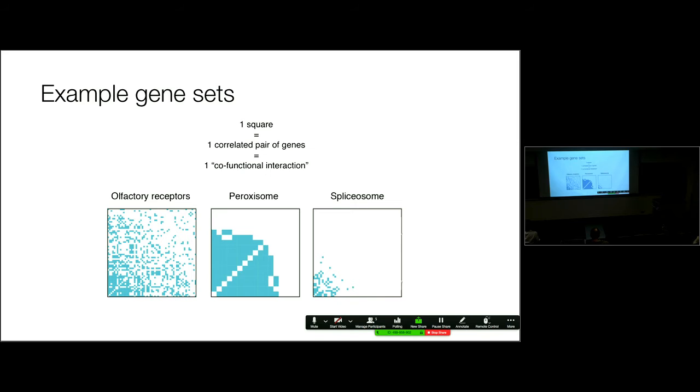So for all these three classes of genes, olfactory receptors, peroxisome genes, and spliceosome genes, you can see that there's definitely quite a few co-functional interactions. But if you're like me, if you see all these co-functional interactions across human cancer cell lines, you'll be confused. Why do these olfactory receptors show shared function?